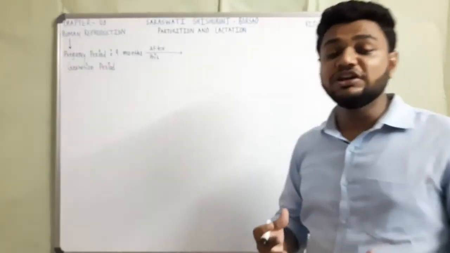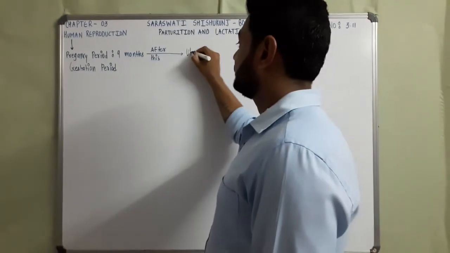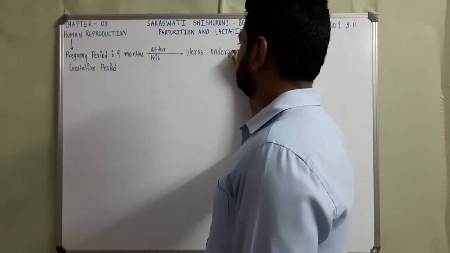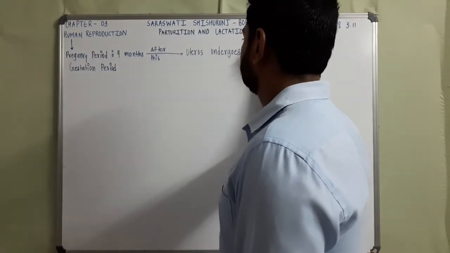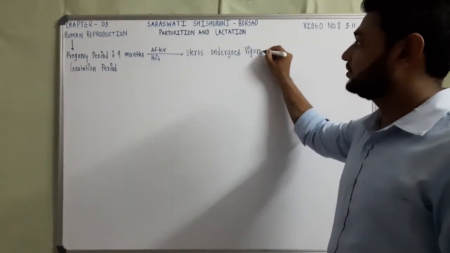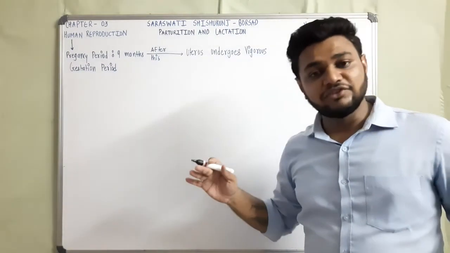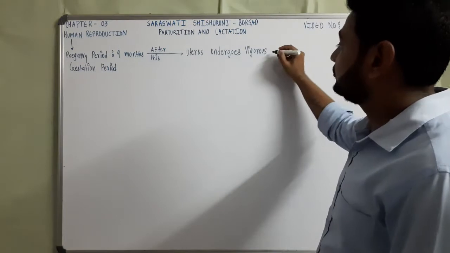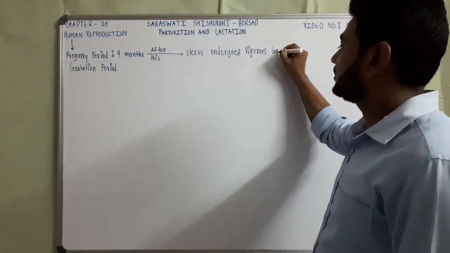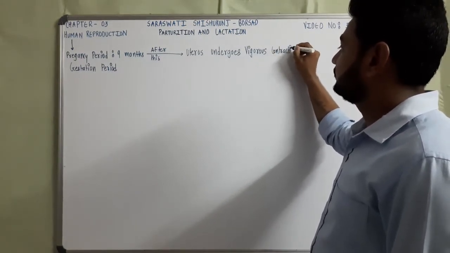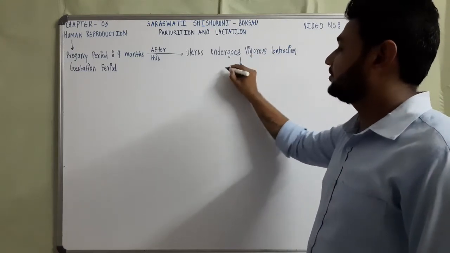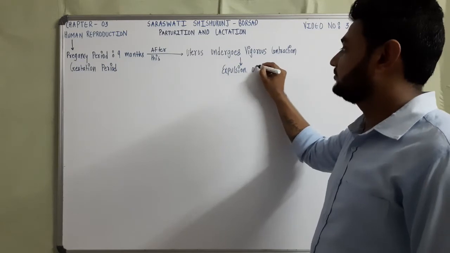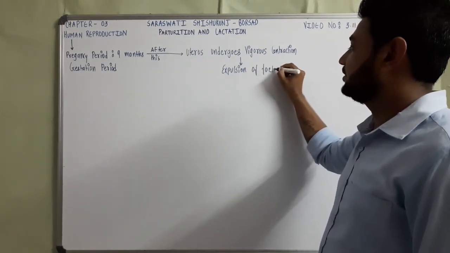the uterus undergoes vigorous contraction. That means it is vigorously contracting to expel the child, right? So the uterus undergoes vigorous contraction for expulsion of the fetus.